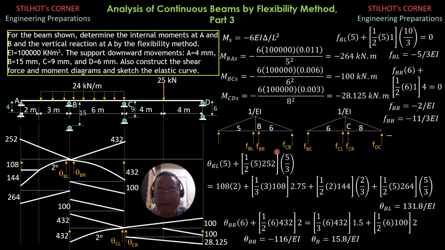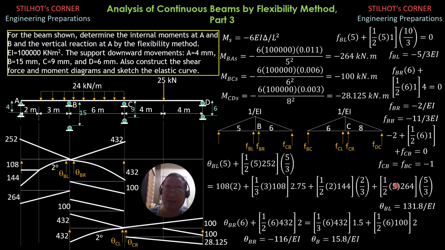And we have FB right negative 2 plus area 1/2 of 6 times 1 plus FCB equals 0. So FCB is 2 minus 3, negative 1. And FCB, by Maxwell's law of reciprocal deflection, is also equal to FBC, negative 1.